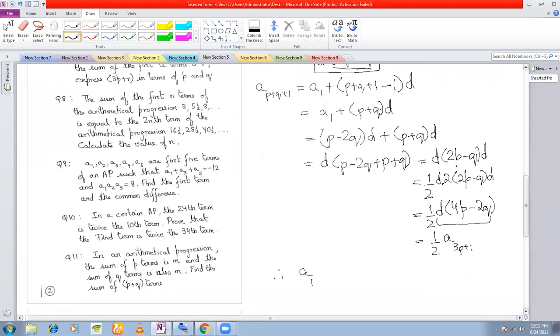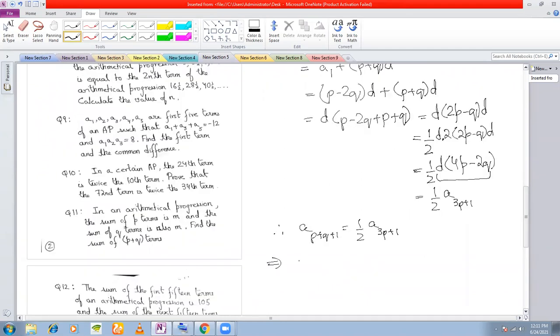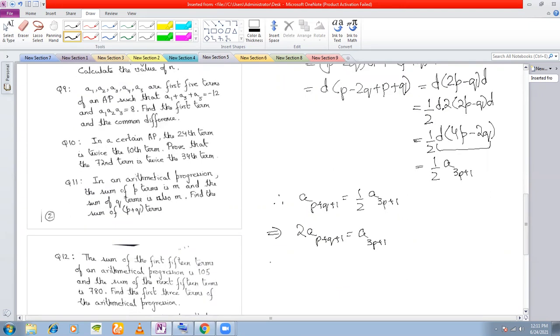Therefore, P plus Q plus 1th term is equal to half of 3P plus 1th term, right? That means twice of P plus Q plus 1th term is equal to 3P plus 1th term. Now write in words: twice the P plus Q plus 1th term is equal to the 3P plus 1th term.